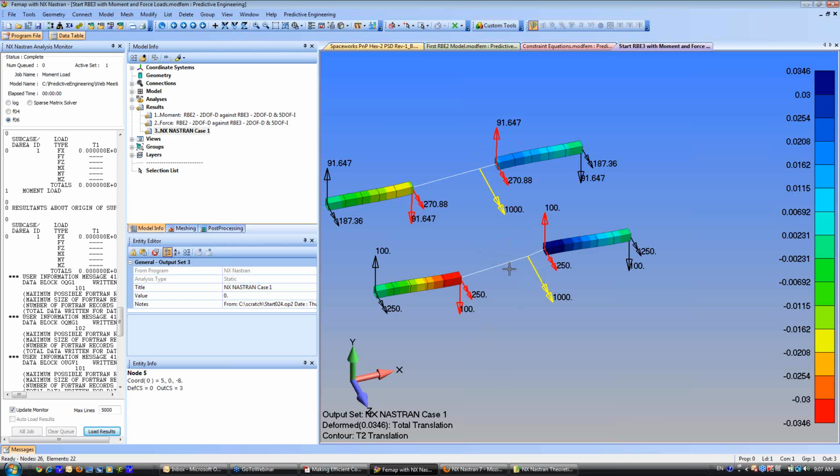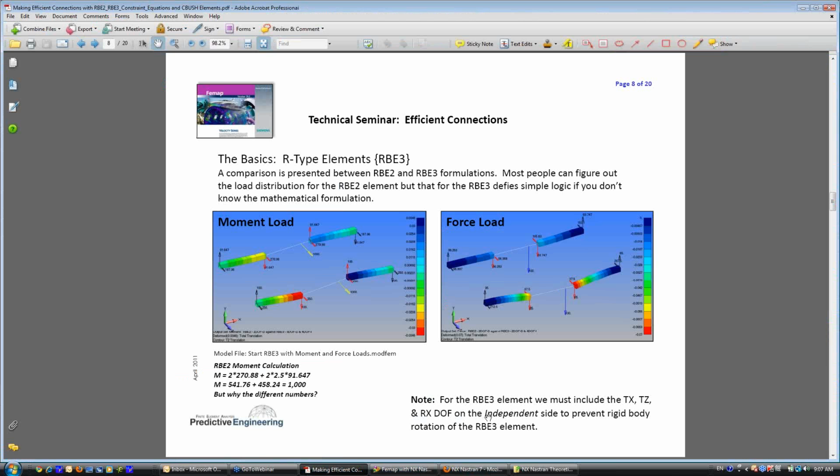It's reversed, and that's the concept between RBE2 and RBE3. And here, I put a little note down at the bottom, saying for the RBE3 element, we must include the TX, TZ, and RX DOF on the independent side to prevent rigid body motion. Now remember, all we're transferring here is RZ and TY as in the RBE2, but we must include these others on the independent.